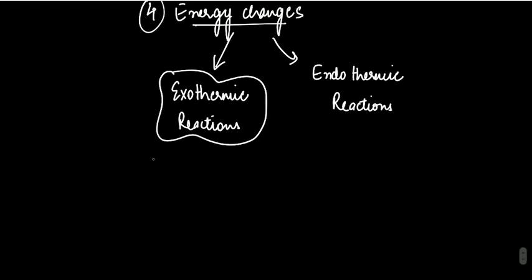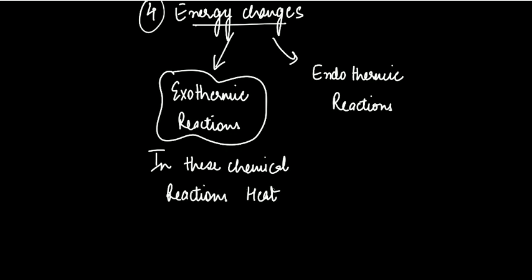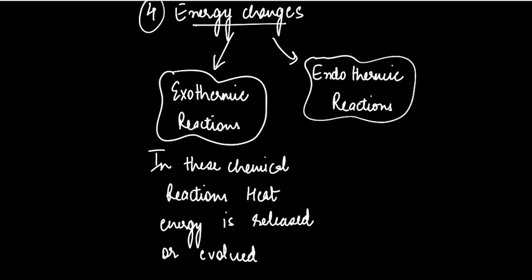So, exothermic reactions, in these chemical reactions, heat energy is released or evolved. So, we are talking about the net heat energy released or absorbed or evolved. So, in endothermic reaction, endo means absorption, exo means release.